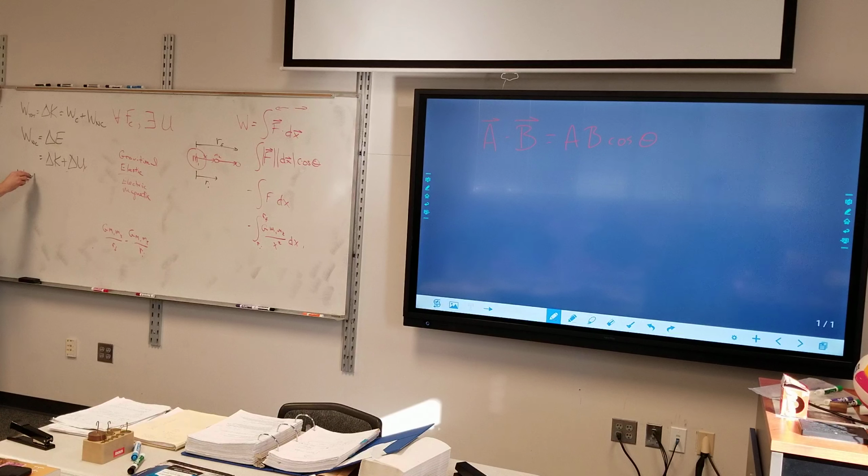Total work minus conservative work is equal to my change in kinetic energy, which is just my total work plus delta U. I end up with conservative work is equal to the negative change in potential energy.